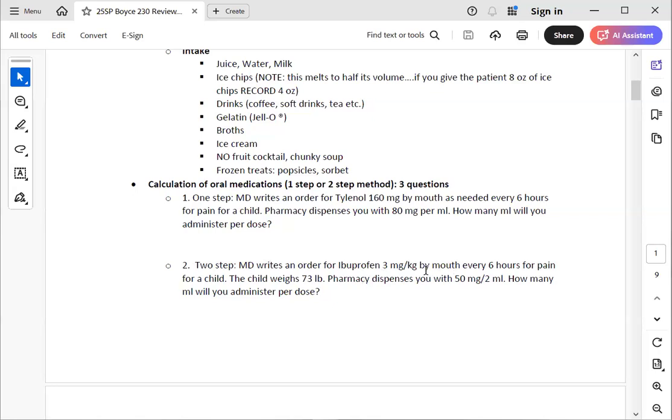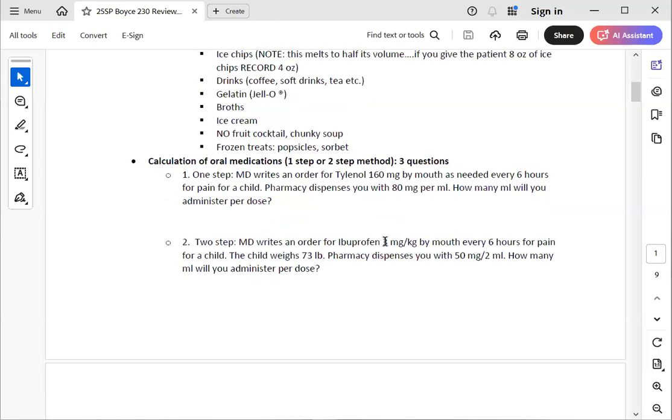We have to account for the patient's weight to find out what their order actually is, and it's going to vary based off of the patient's weight, and usually it's for kids. So 73 pounds, you would convert that to kilograms, multiply that number by 3, then divide by 50, multiply by 2. I know I'm going through that quickly. It's mainly because you've already seen some of these problems, and we'll come back to it, I promise.